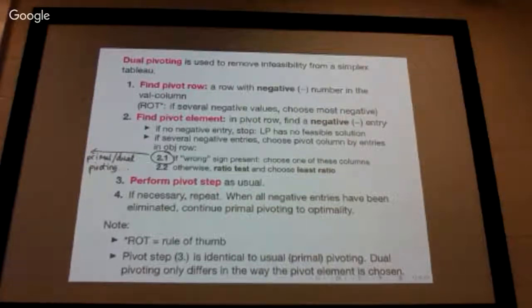So the vals are all the right signs, but the objective row has some wrong signs. And depending on which situation we're in, we either apply the dual pivot or the primal pivot. And that's how you can solve any tableau to optimize it. Okay. That's about enough on dual pivoting.